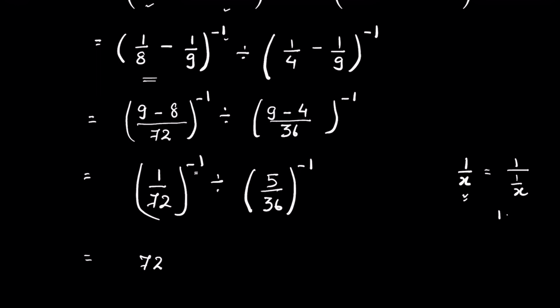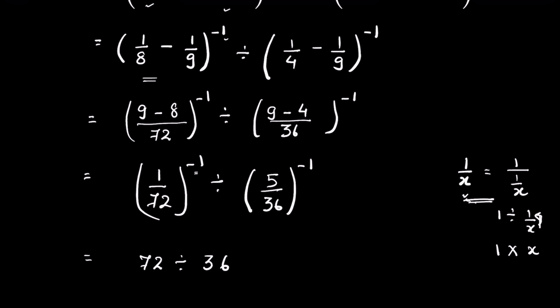That means 1 divided by 1 upon x. Then you convert this division into multiplication, and then we write the reciprocal of this fraction. So this becomes 1 multiplied by x. So the multiplicative inverse of 1 upon x will be x. So the multiplicative inverse of 1 upon 72 will be 72, divided by, and the multiplicative inverse of 5 upon 36 will be 36 upon 5.